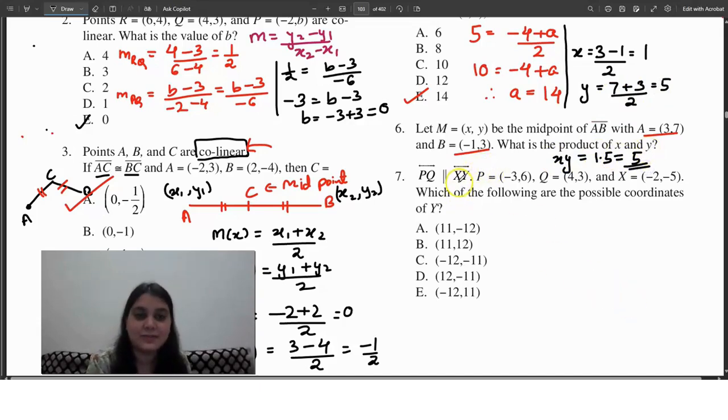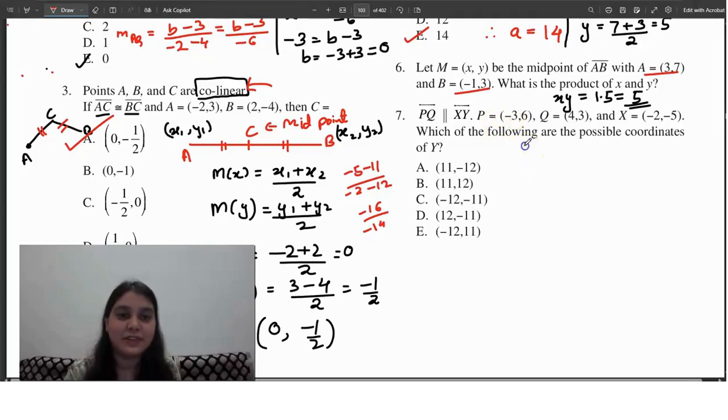Now 7th question. In this question, it's given that PQ is parallel to XY. If these are parallel, you have to find the possible coordinates of y. So there's just one option to go around this. We'll have to make the slopes equal, because if the lines are parallel, then definitely the slope of PQ is going to be the slope of XY. So we're going to find their slopes.